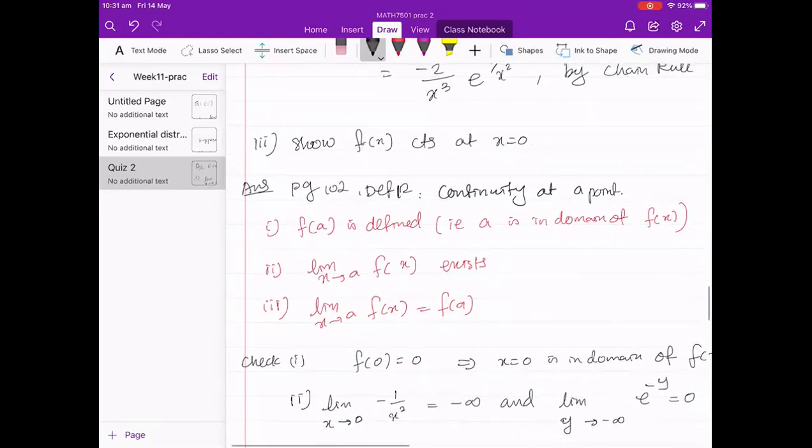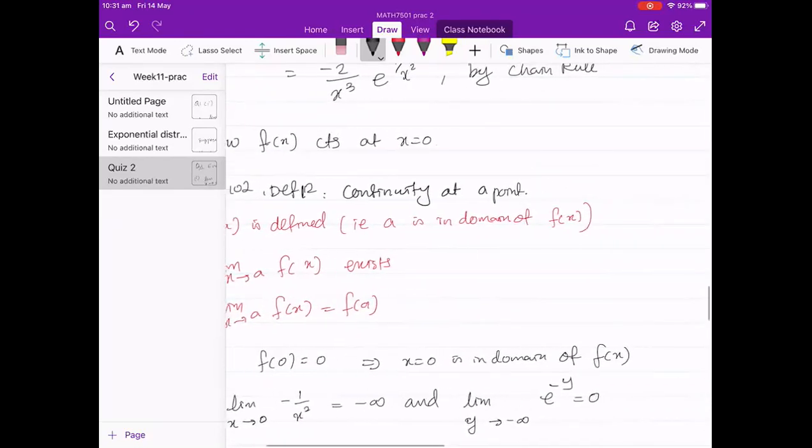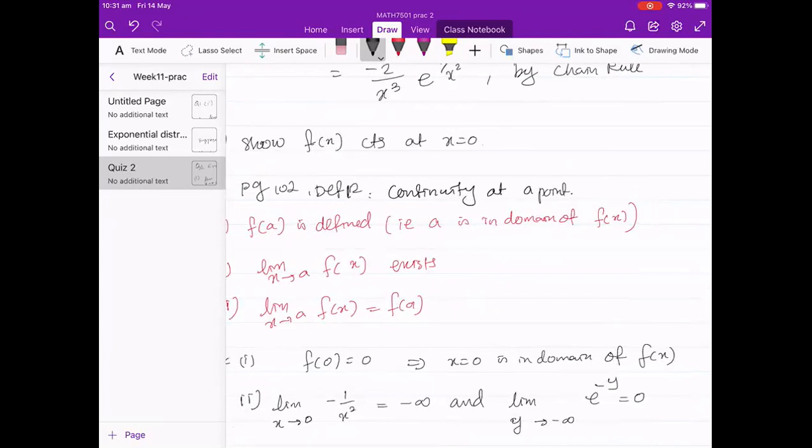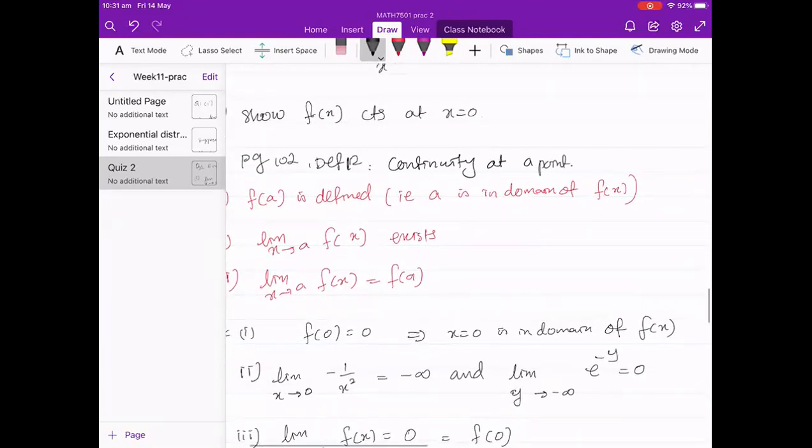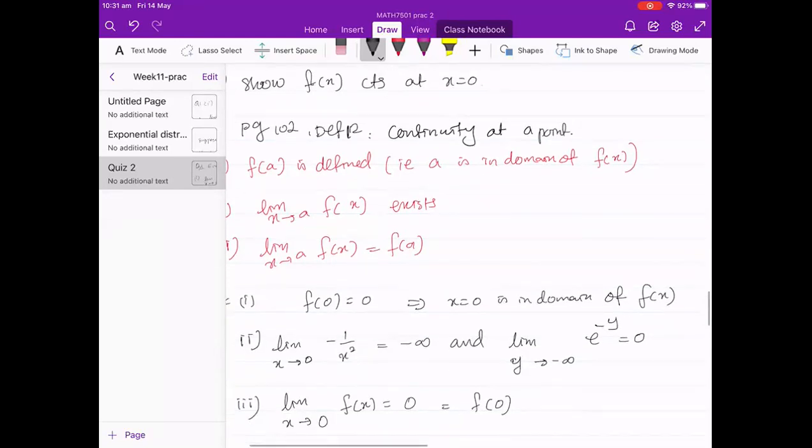The first point is true because f(0) is 0 and x equals 0 is in the domain. For the second part, the limit as x tends to 0 of minus 1 over x is negative infinity, and the limit of the exponential of minus y as y tends to infinity is 0.